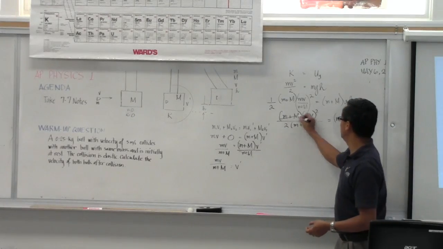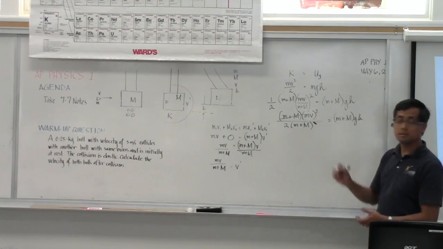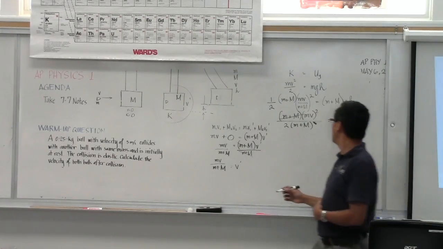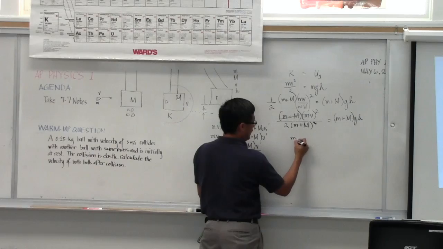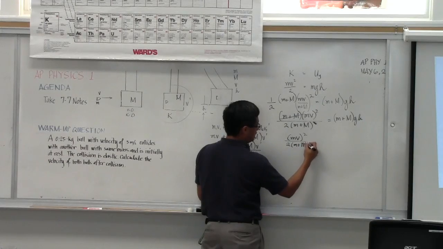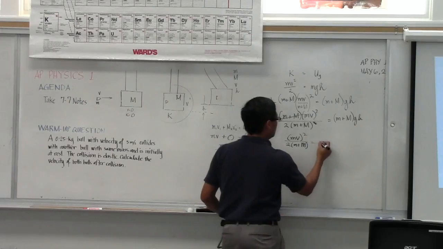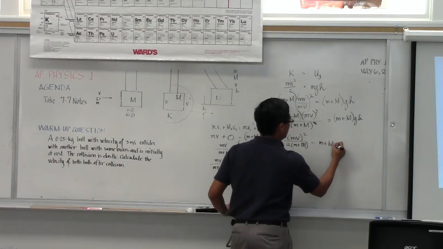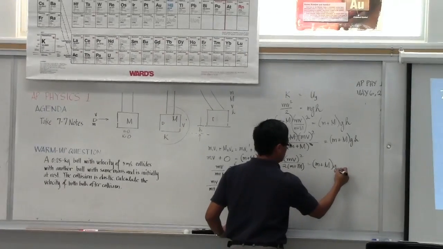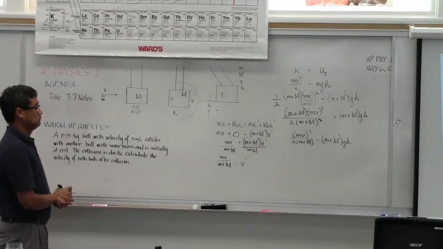Lowercase m, and what will happen here? The square here, right? So now you will have (mv) squared over 2 times (m plus uppercase M), equals (m plus big M) gh.